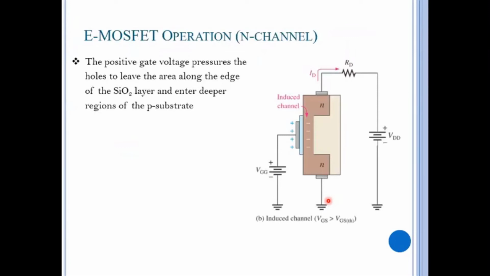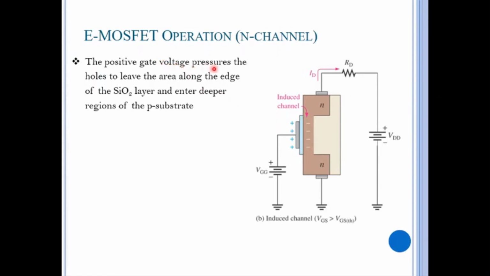Okay, the next slide discusses again the operation. The first statement here: the positive gate voltage. Without any positive voltage applied at the gate, there is no channel. So this is an induced channel. The induced channel is due to the positive gate voltage.